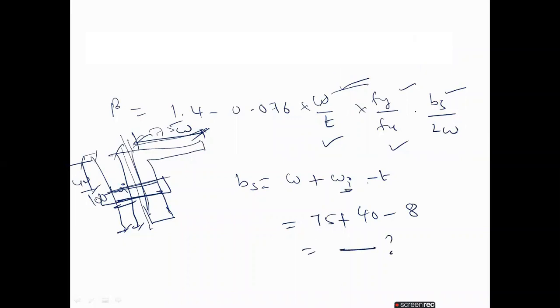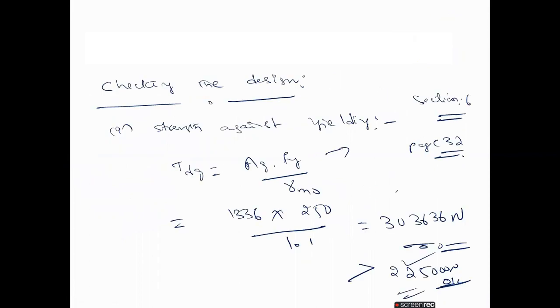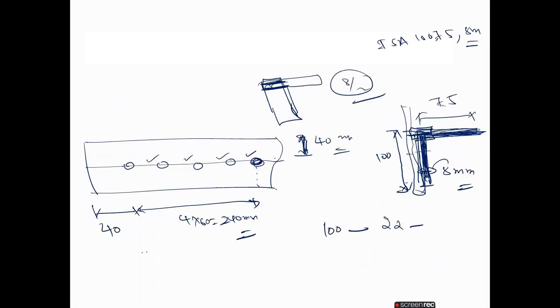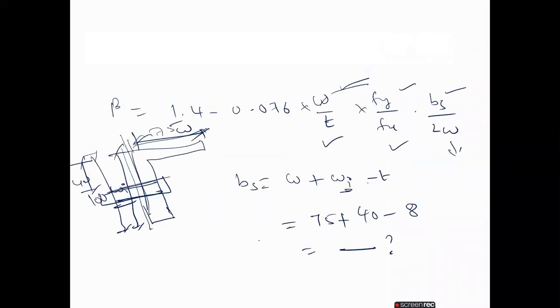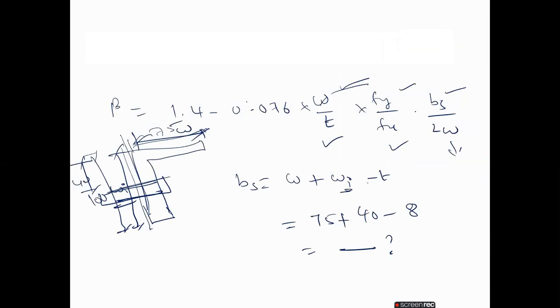Then again Lc. How will we take this value? If you observe here, this is 6 into 240, so we take the pitch distance from here to here and substitute in the beta formula. Once we substitute all values, you will get the beta value 1.206.